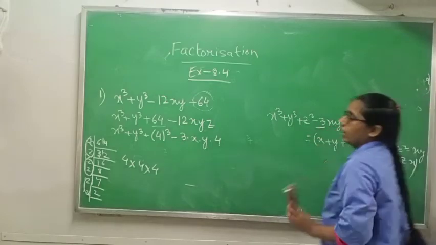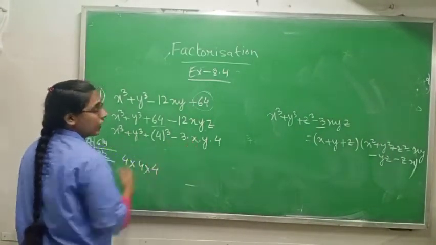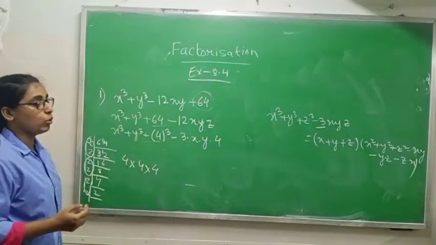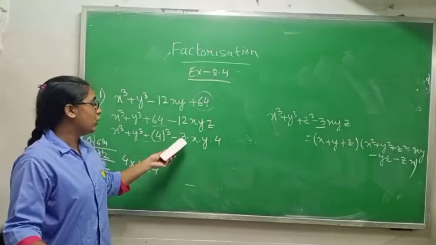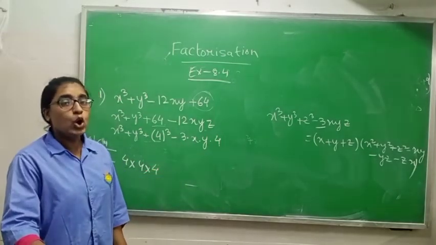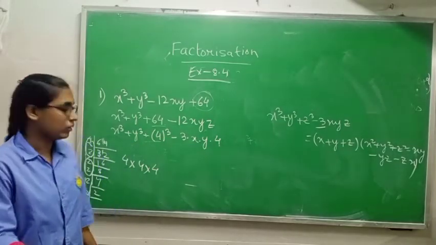Then xy, because in your question x is x only and y is y only. But in place of z we have 4, that is why I am writing 4. When you multiply 3 and 4 you get 12, and 12 into xy gives you 12xy, which we have in our question.